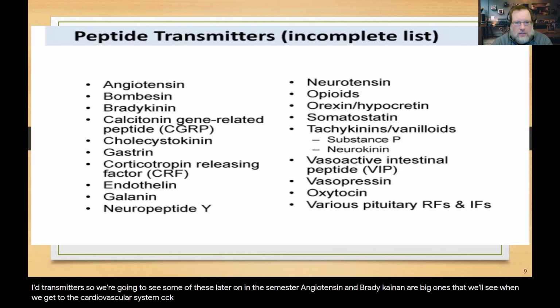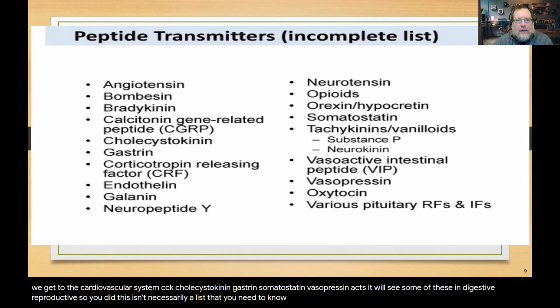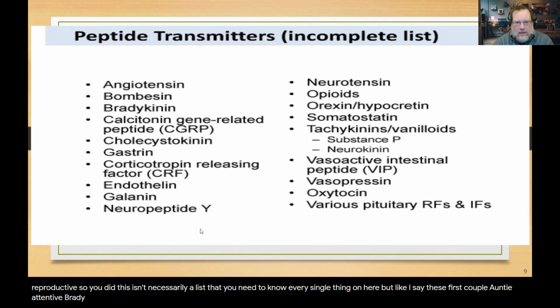CCK, cholecystokinin, gastrin, somatostatin, vasopressin. We'll see some of these in digestive, reproductive. This isn't necessarily a list that you need to know every single thing on. But like I say, these first couple, angiotensin and bradykinin, we see again. And a few of these other ones we'll see throughout.